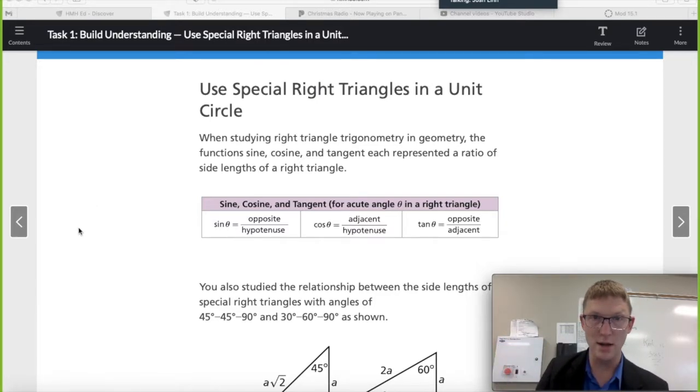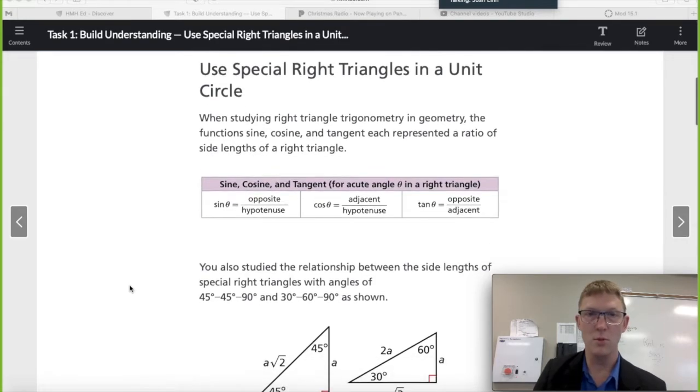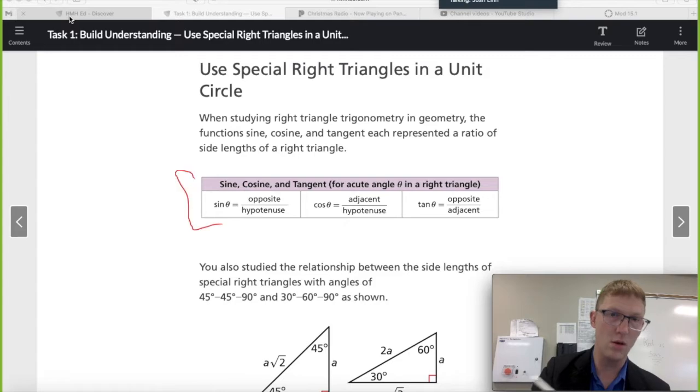Remember, a right triangle is any triangle that has a 90 degree angle, and then you have these two other angles. And remember, we have these trig functions that go along with a right triangle.